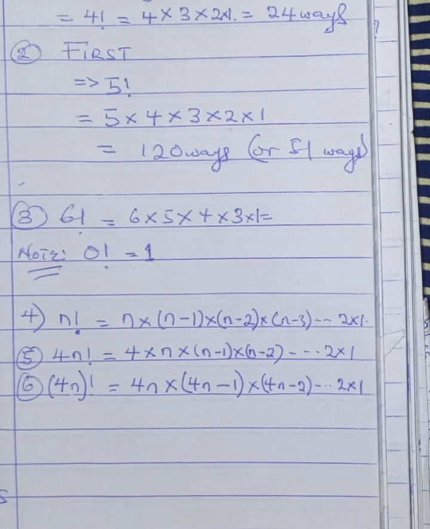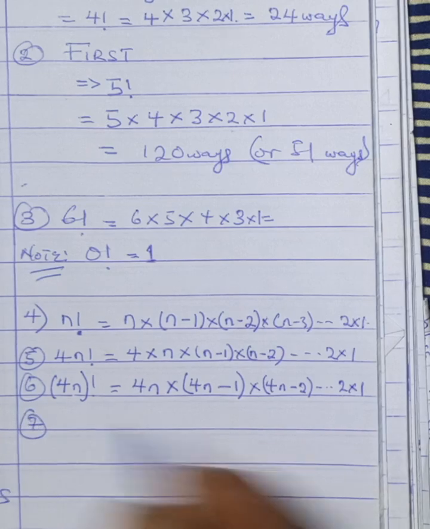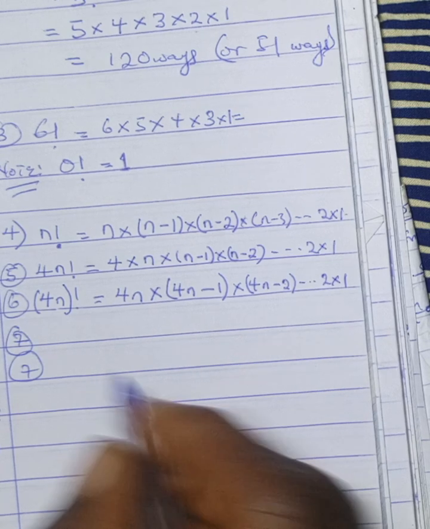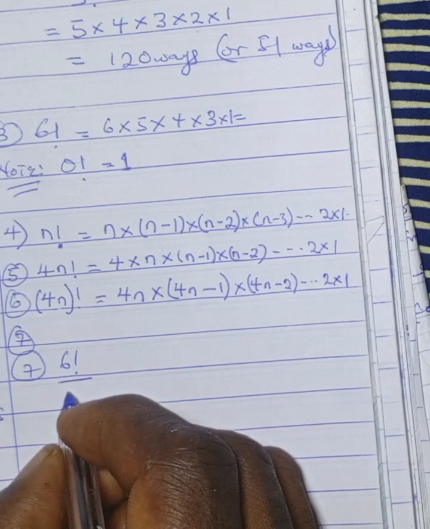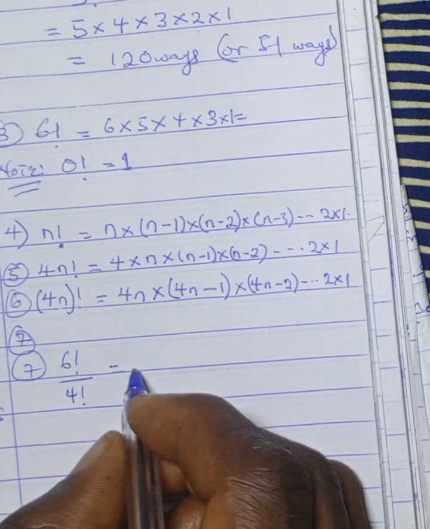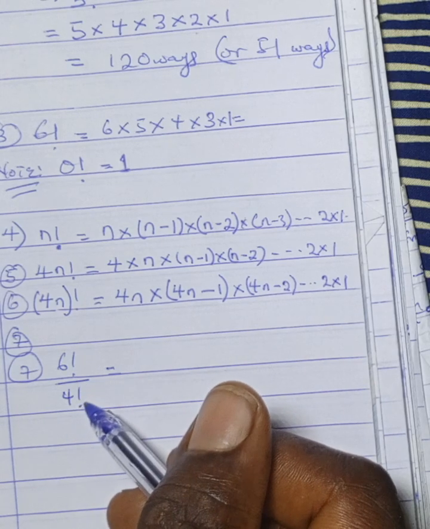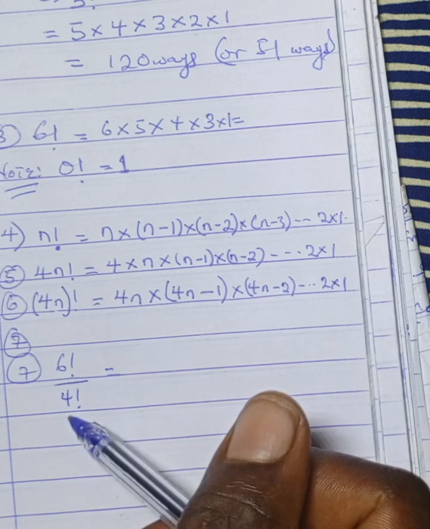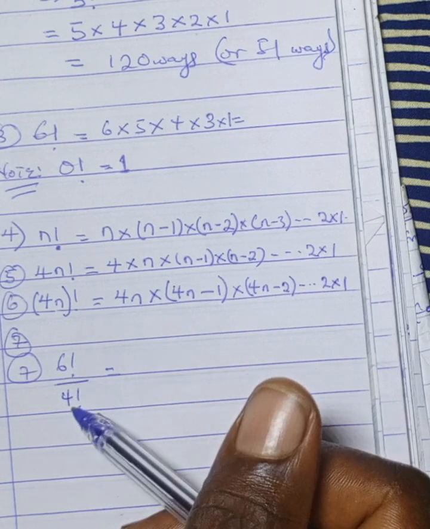How about if we have, say, number 7? What if we have 6 factorial all over 4 factorial? How are we going to do this one? To make it quicker, we must reduce the one that is the biggest. 6 factorial is bigger than 4 factorial, so don't waste time by reducing both.